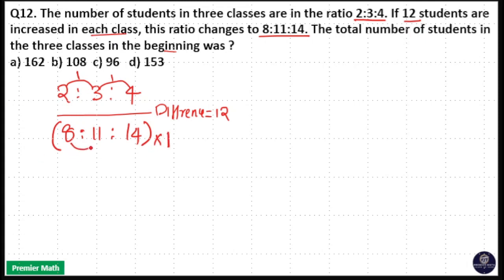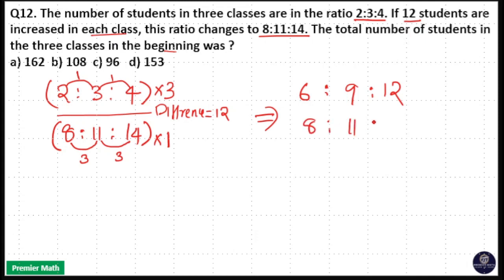Same way, take the difference between 8 and 11, that is 3. Difference between 11 and 14 is also 3. So, multiply it with 2 is to 3 is to 4. That means 2 into 3 is equal to 6, 3 into 3 is equal to 9, 4 into 3 is equal to 12.